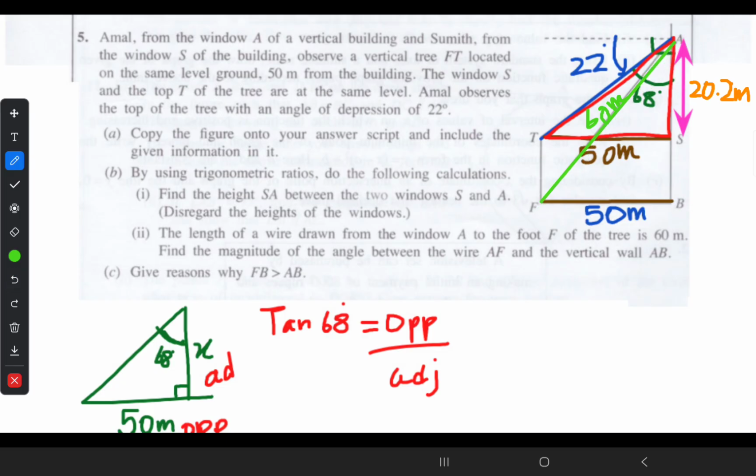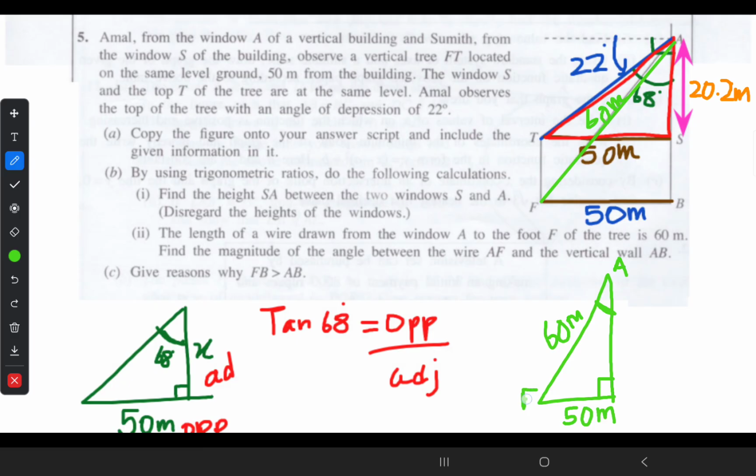For that, I will draw the triangle over here. Look at this. This is the triangle. This is 60 meters and we know the bottom base length, that is 50 meters. This is perpendicular. We have to find the angle between side AF and vertical wall AB.